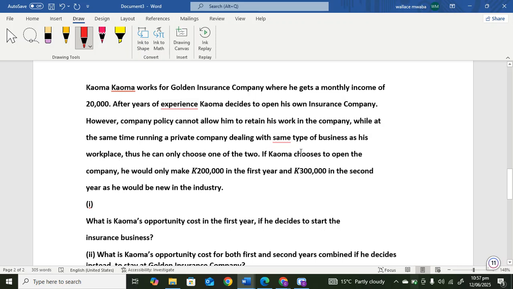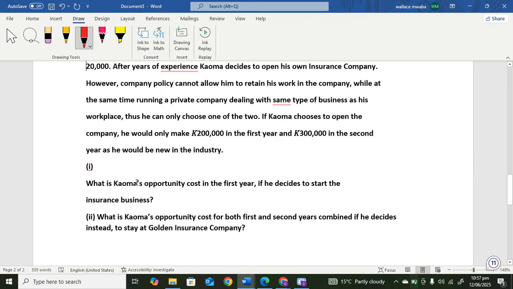If Kaoma chooses to open the company, he would only make 200,000 in the first year and 300,000 in the second year, as he would be new in the industry. So, question one. What is Kaoma's opportunity cost in the first year if he decides to start the insurance business?